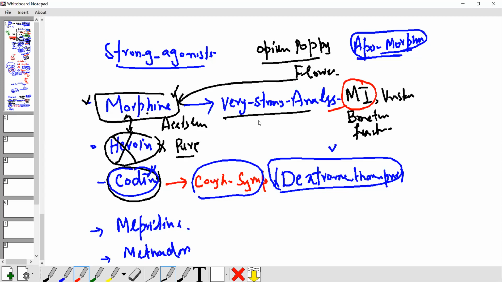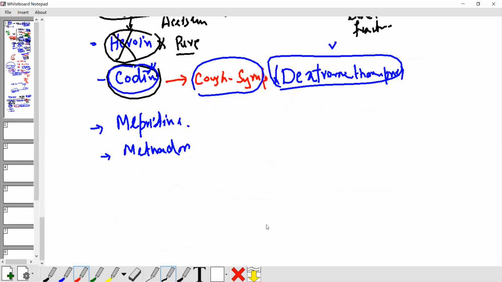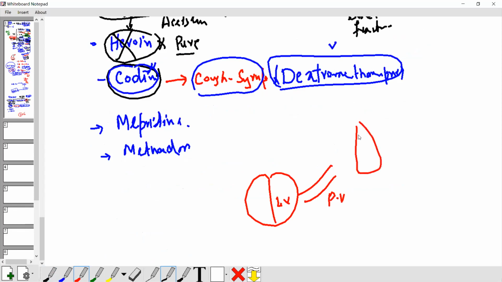If you know the MI patient, which side of the heart is affected? The left side of the heart. Mostly the left ventricle fails. If the left side fails, the pulmonary vein brings blood from the lungs, so blood stays in the lungs.